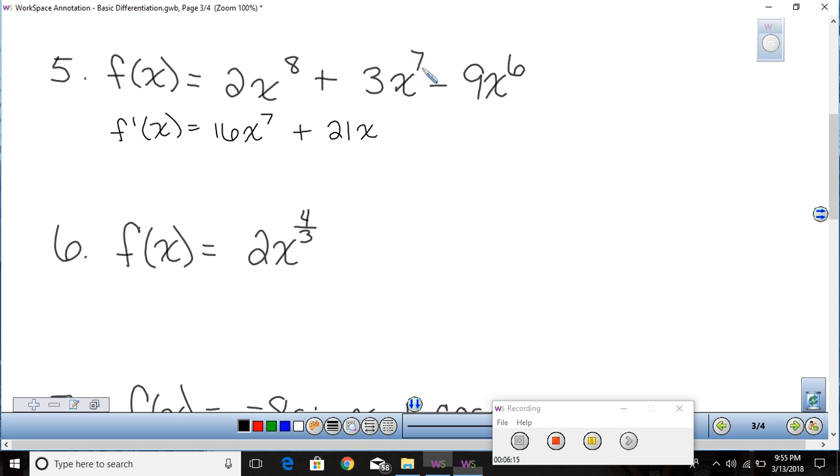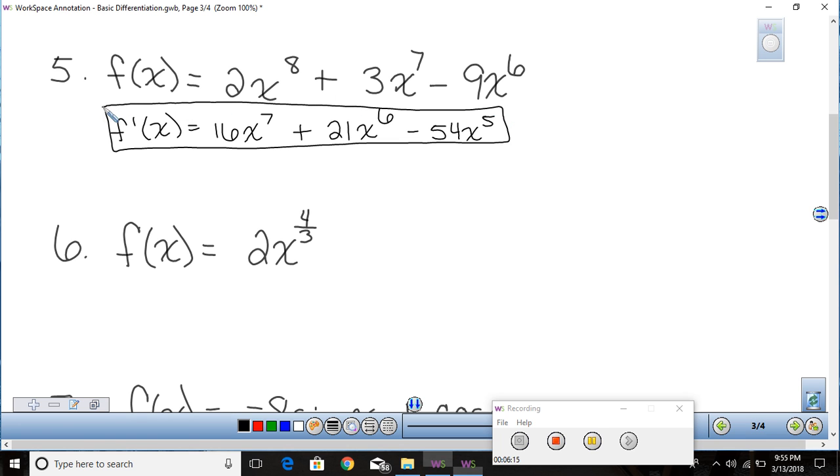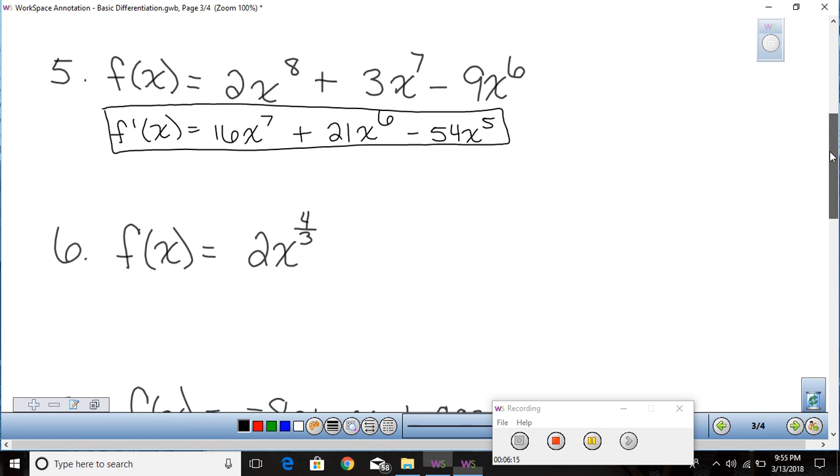X decreased by 1 to the 6, minus 9 times 6 is 54. X decreased by 1 to the fifth. I mean, can you imagine having to do that using the x plus h? I don't think you even want to try that.